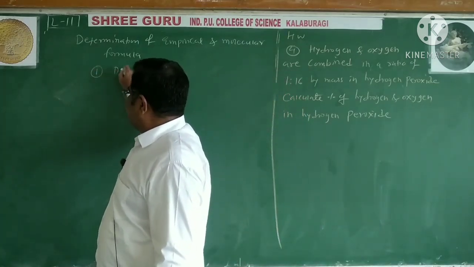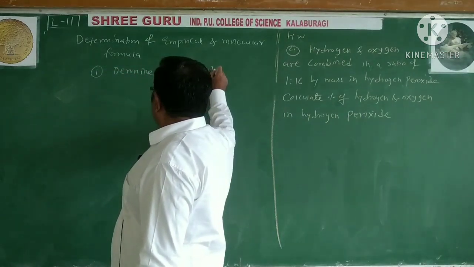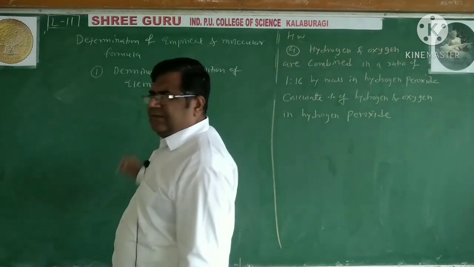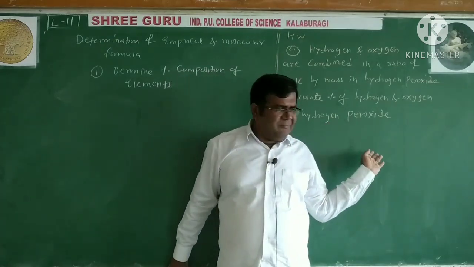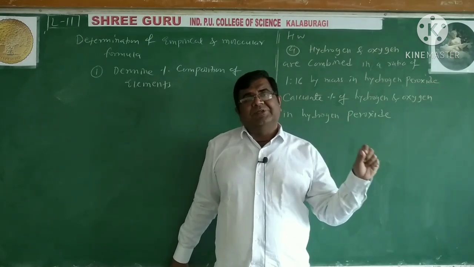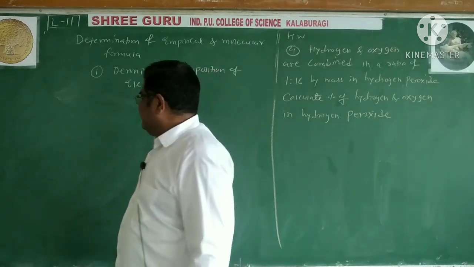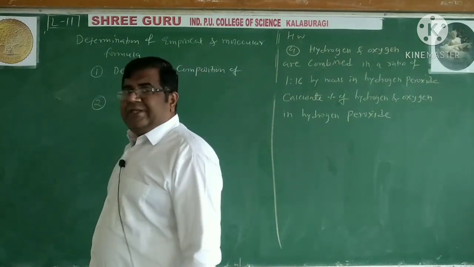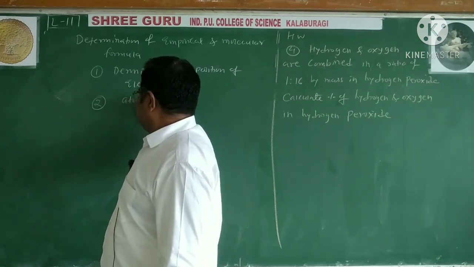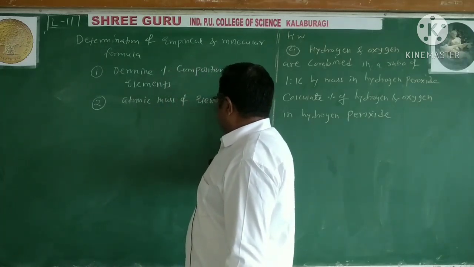First is determine percentage composition of elements. This is done by this method. It is given in the question. Percentage of carbon, percentage of hydrogen, different elements, what percentage they are present is given in question. Next thing we need is the atomic mass of element.